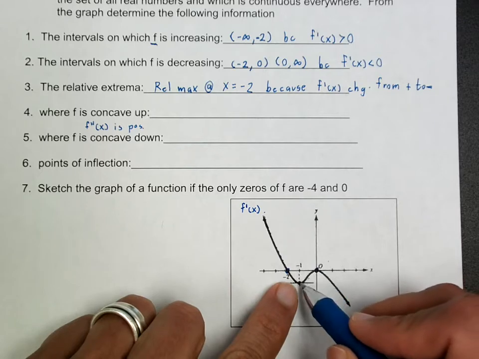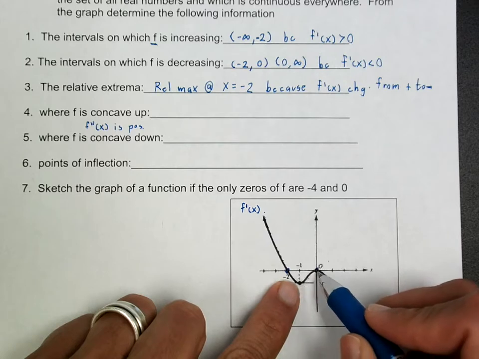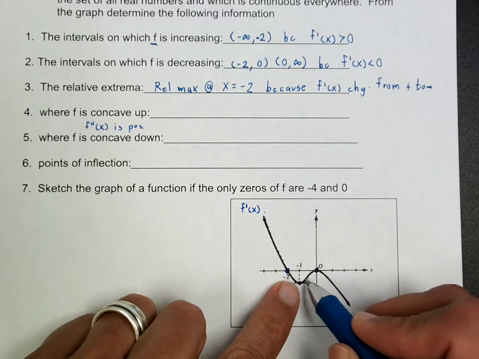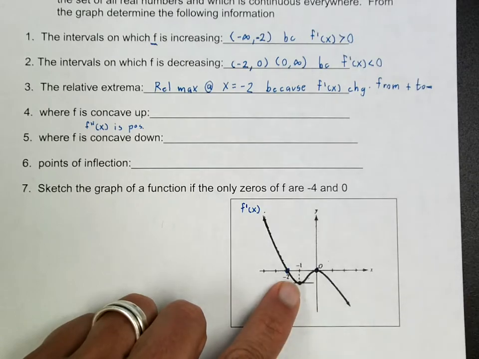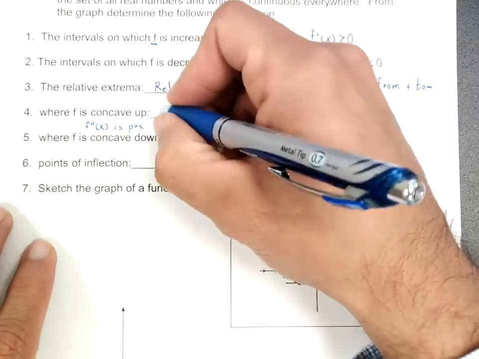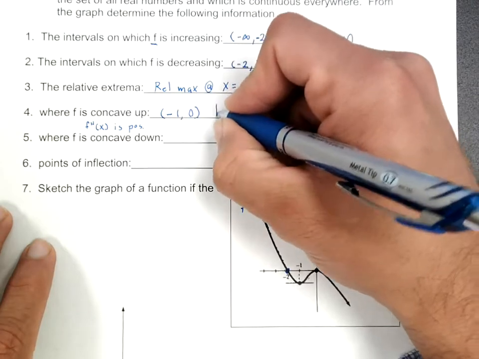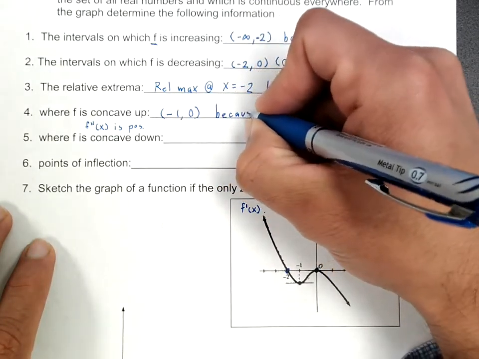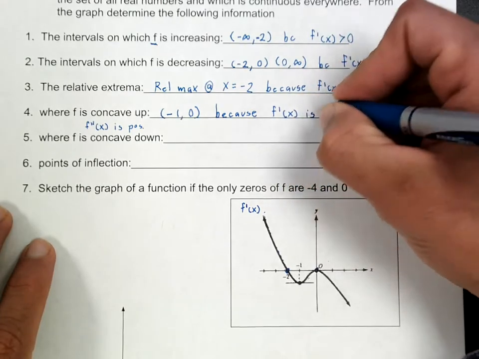Because when it's increasing, you have positive slopes, and if you have positive slopes here, then you have a positive second derivative, all right? So right here, this little part, I'm increasing. So if in this part you're increasing, that means that on the original graph of f you have concave up. So concave up is going to be between negative 1 and 0 because f prime of x is increasing.